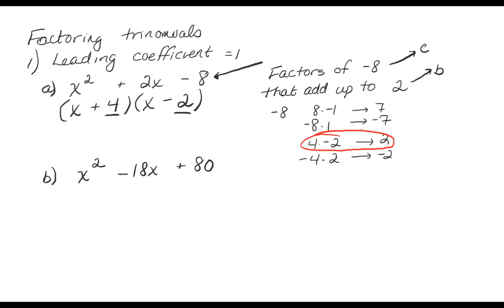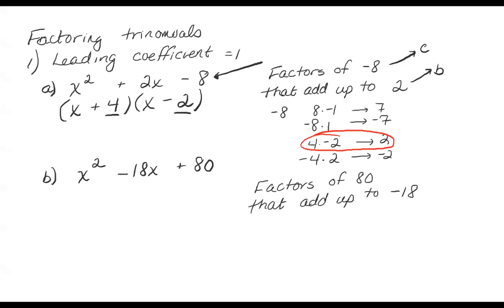So this time you need factors of 80 that add up to negative 18. So give yourself a minute or two and try to think about what those are. I think I'll give you like 60 seconds, see if you guys can come up with them.